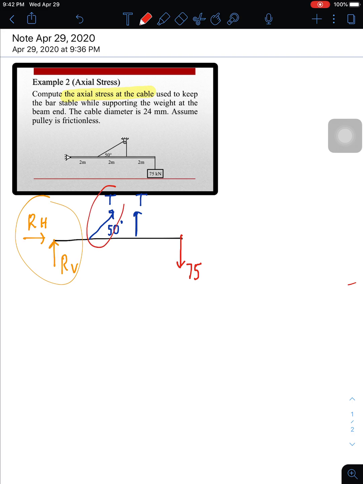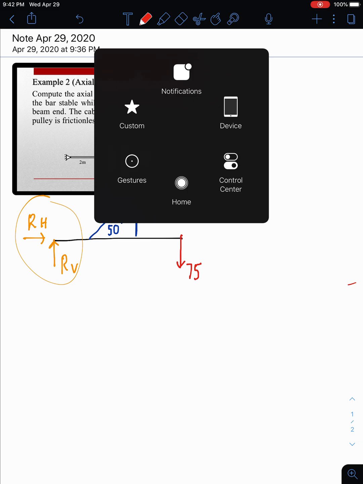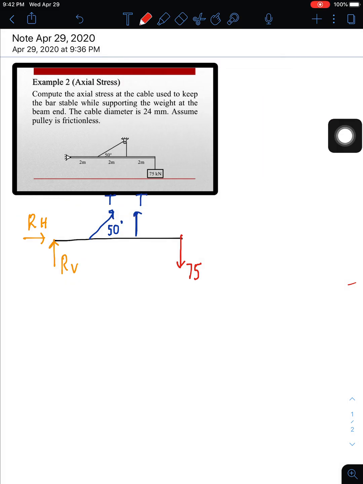Since this T is inclined at a certain angle of 50 degrees, what we're going to do is get the components. So let's get the components. This is T cosine 50, and you have T sine 50.